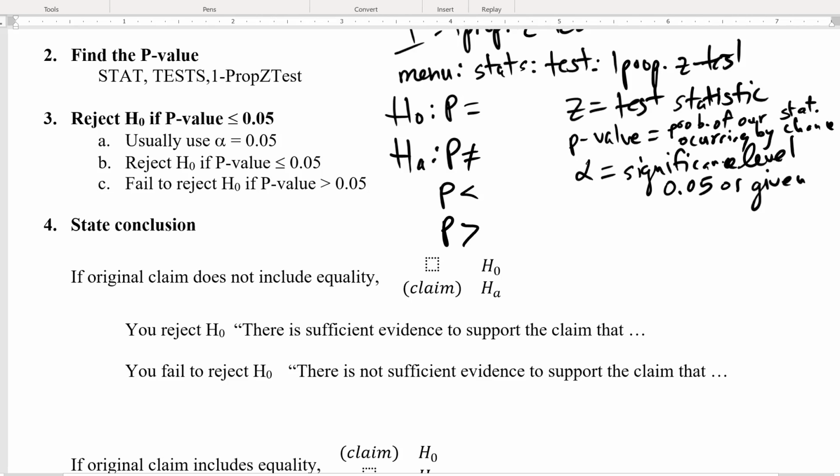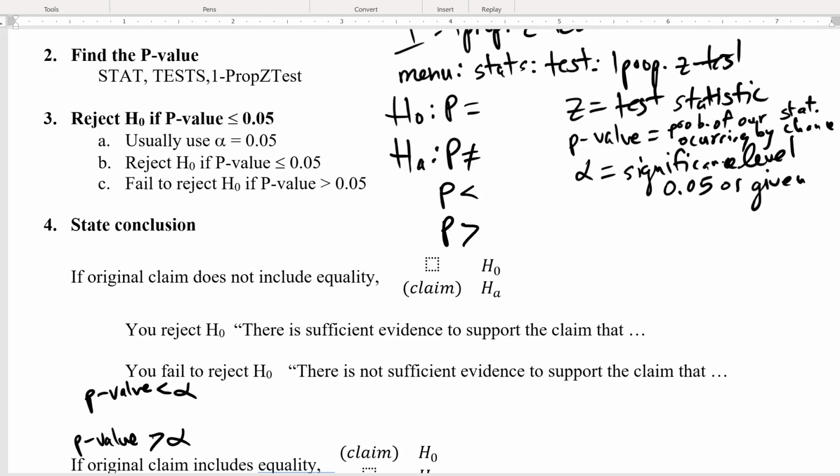What you'll do is you'll say, well, since. So one of two things is going to happen. Either the p-value is less than alpha, or the p-value is greater than alpha.